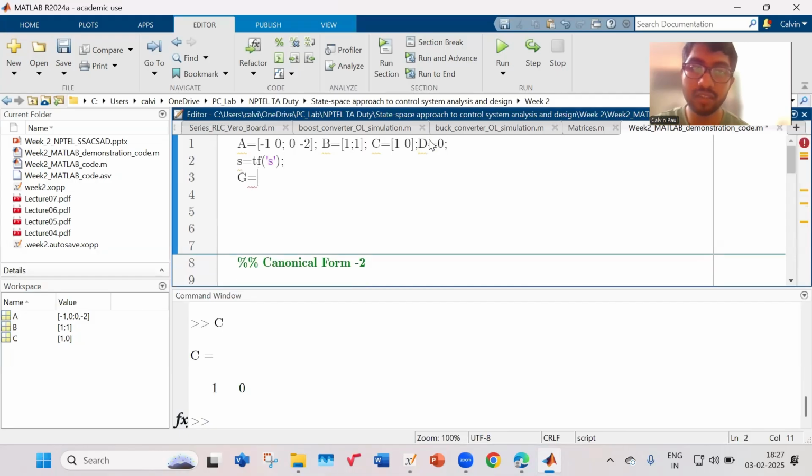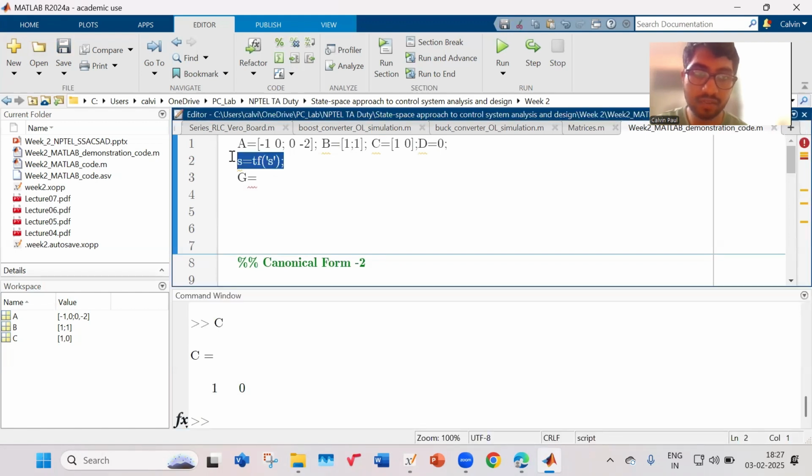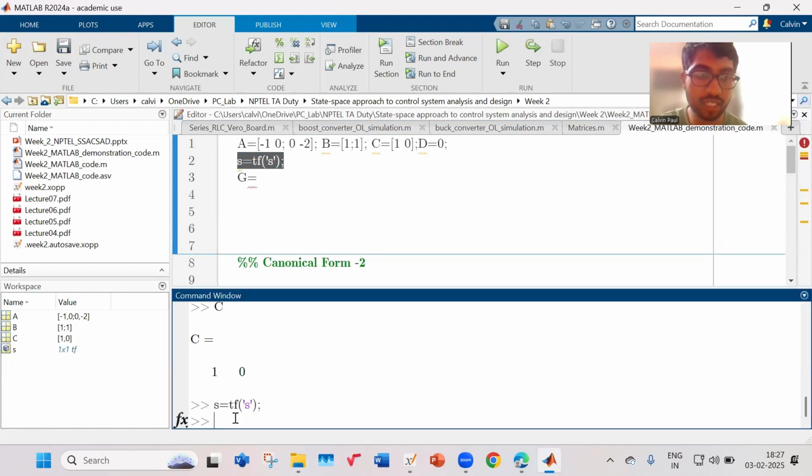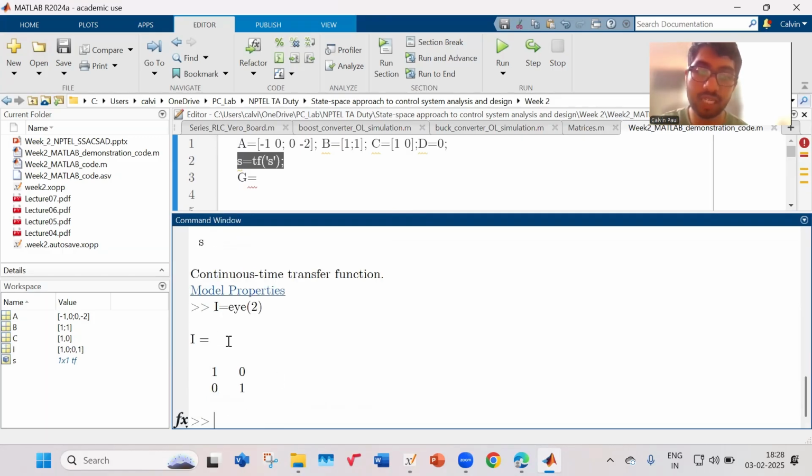So my G is equal to, okay, let me go one by one. Now I've defined s is equal to tf of 's'. So s is a continuous time transfer function. Now I want to do sI minus A. My I in this case should be eye(2), of 2 cross 2.